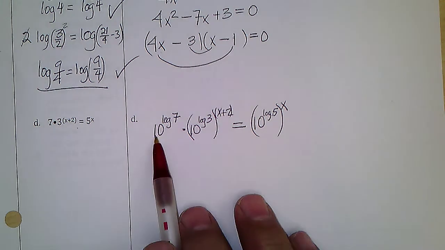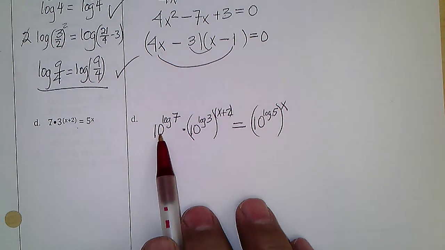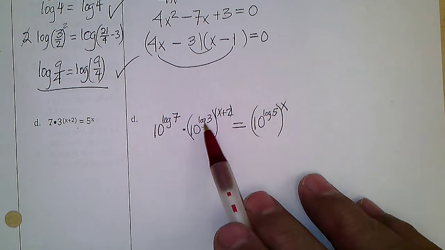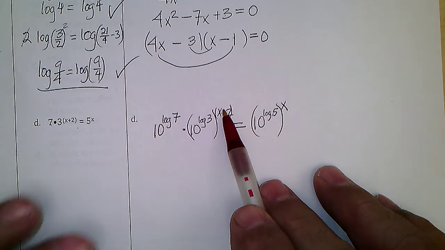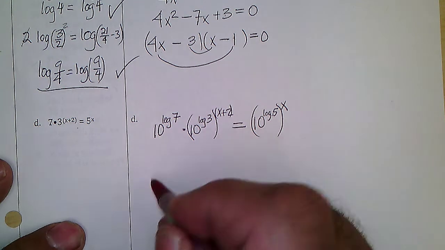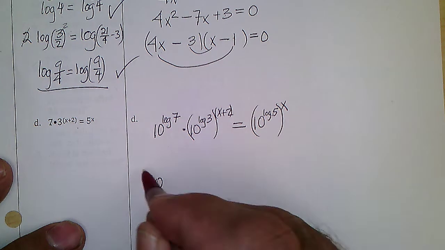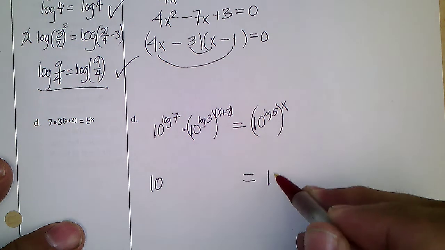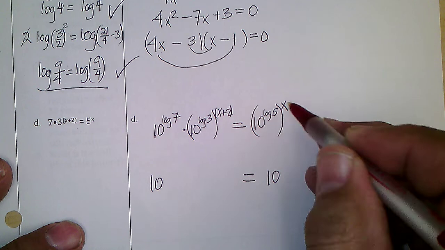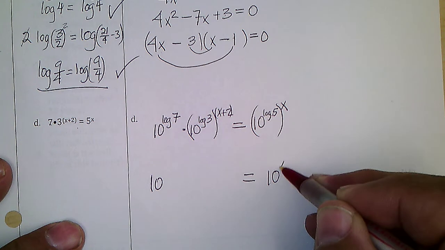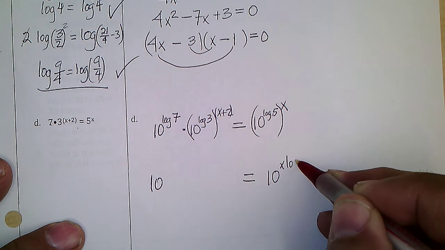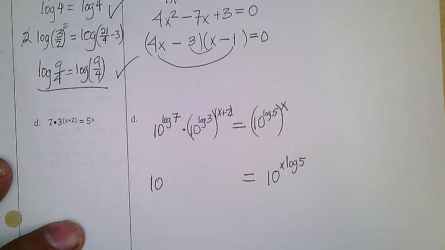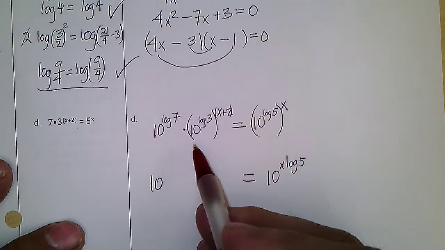Now, when I have to multiply, I add the powers. And when I got a power to a power, I got to multiply. So this side is going to change to 10 to a messy thing here. And this side is going to be x times the log of 5. That's not log of 5x, so be careful on that.